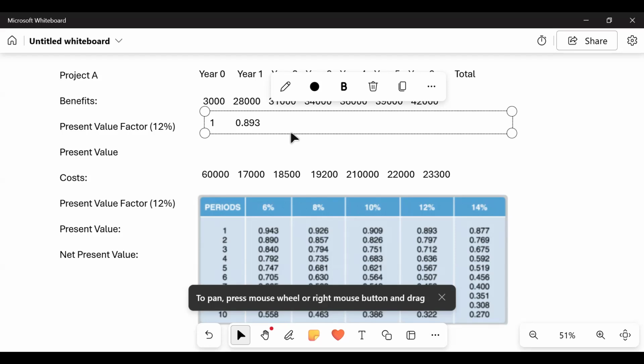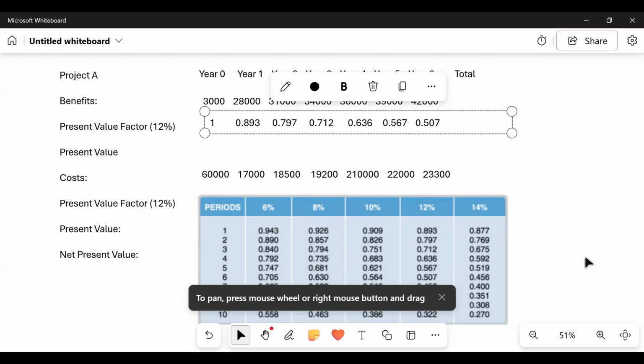Tell me, for the first year, with 12% you will get 0.893. Refer to the table. Then after 2 years, 0.797, sorry, then 0.712, 0.636, 0.567, 0.507.